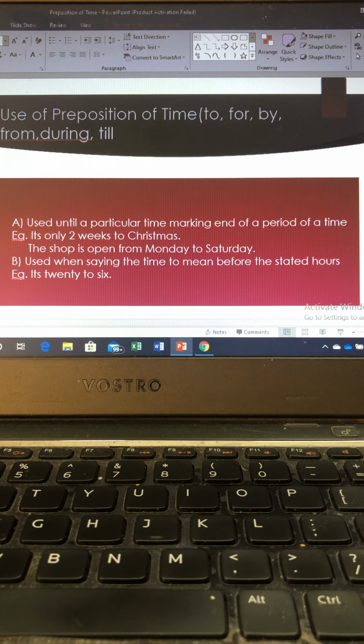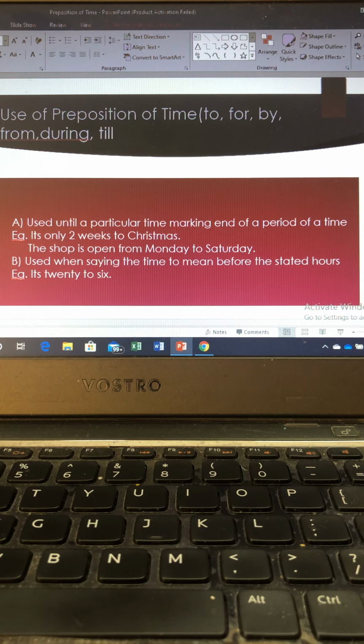That means only 2 weeks of time is left for Christmas. Christmas is always on 25th of December. So we are saying only 2 weeks more to go. Only 14 days more, and after that it is going to be Christmas. So that's how we use to.